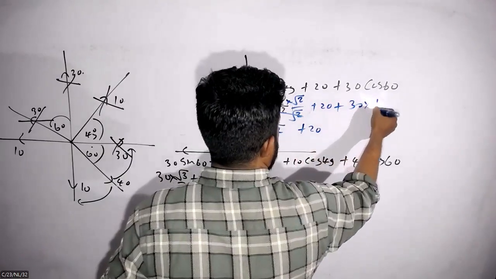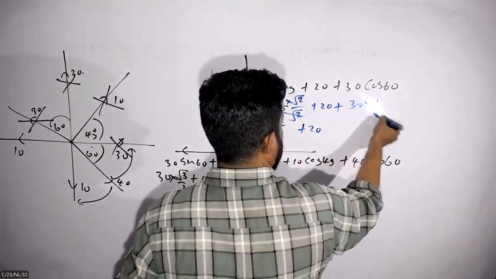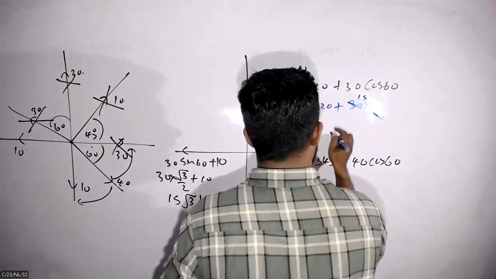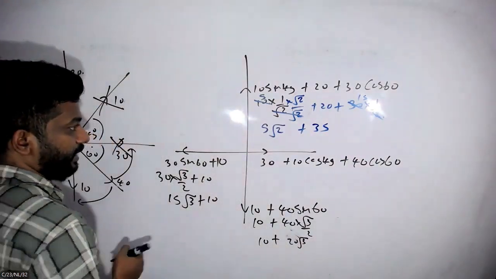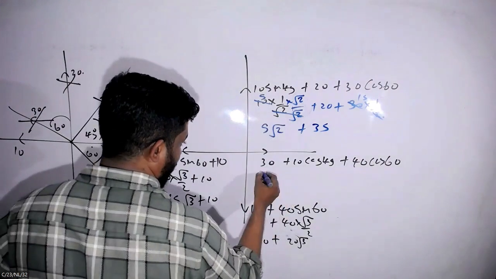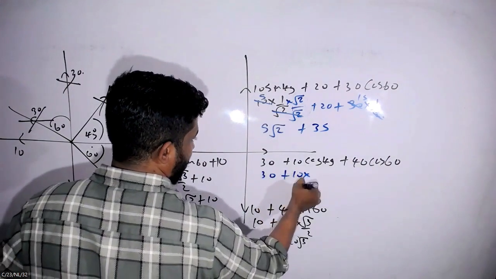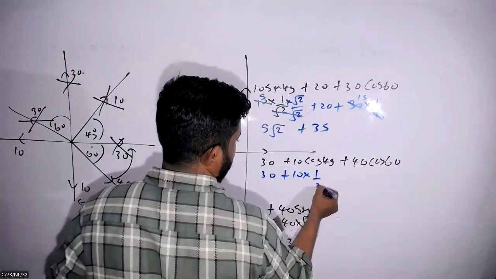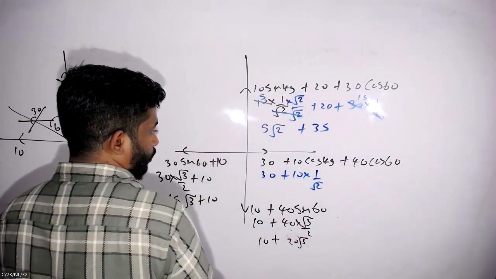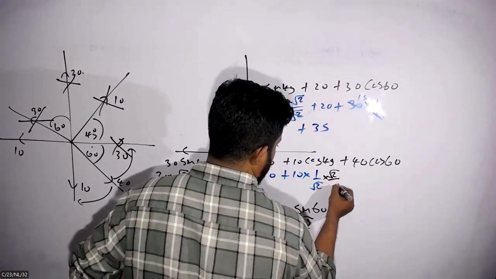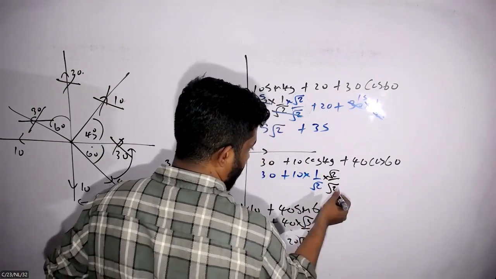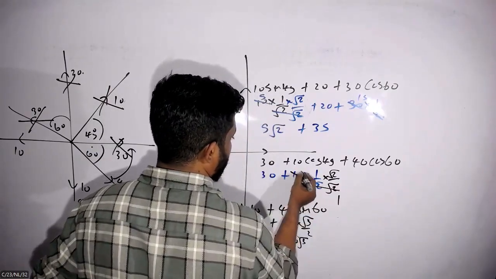30 cos 60 is half, that is 15. 20 plus 15 is 35. Right? We need to simplify. 30 plus 10 times 1 over root 2, again rationalize. You can multiply both numerator and denominator by root 2. Then 2 times 1, 2 times 5.